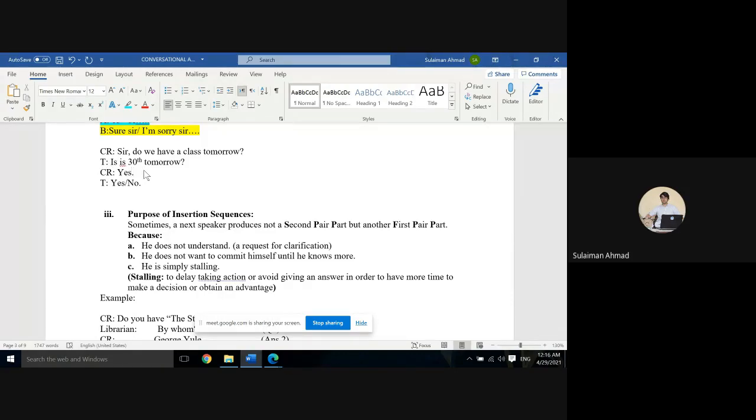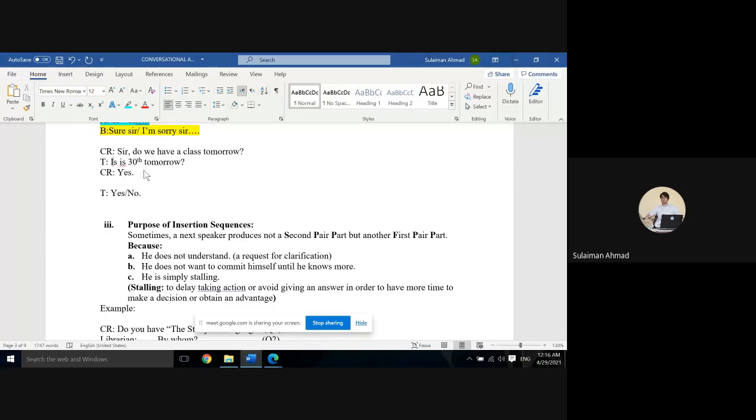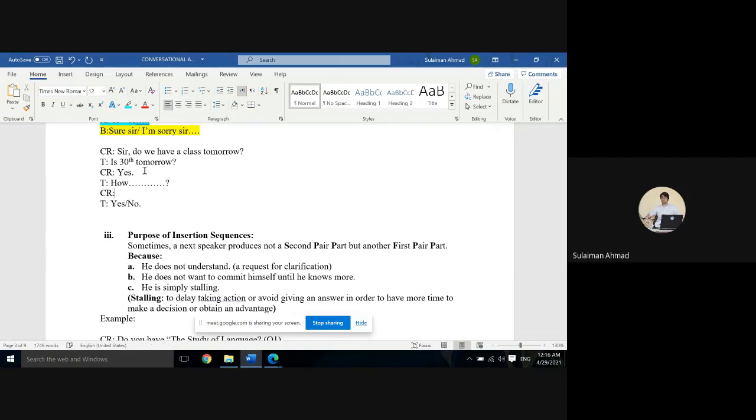Then, if the teacher needs some more time to think if he has got class tomorrow or not, or if he or she is available tomorrow or not, the teacher may insert some other sequence. The teacher may say, how many classes did we have in the previous class, right? The CR may reply, sir, we have had 3 classes, or 4 classes. Then the teacher may say yes or no.